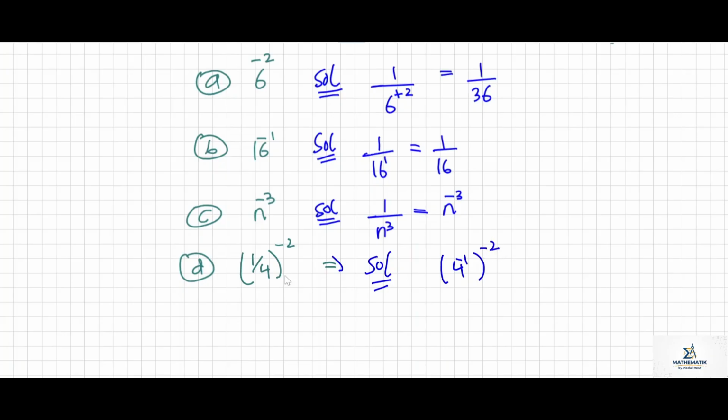Because when we have one power, one index, when it goes as a numerator, you change the index, so it's negative.